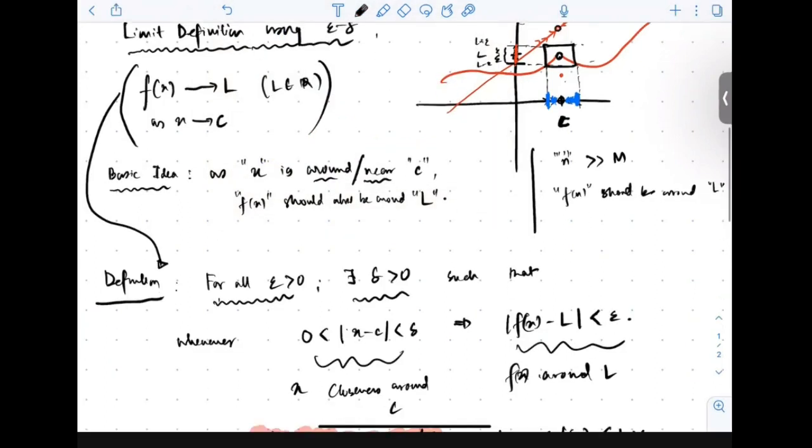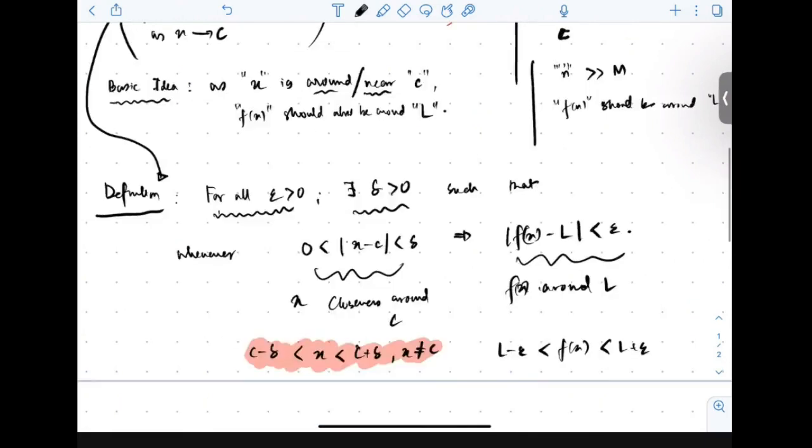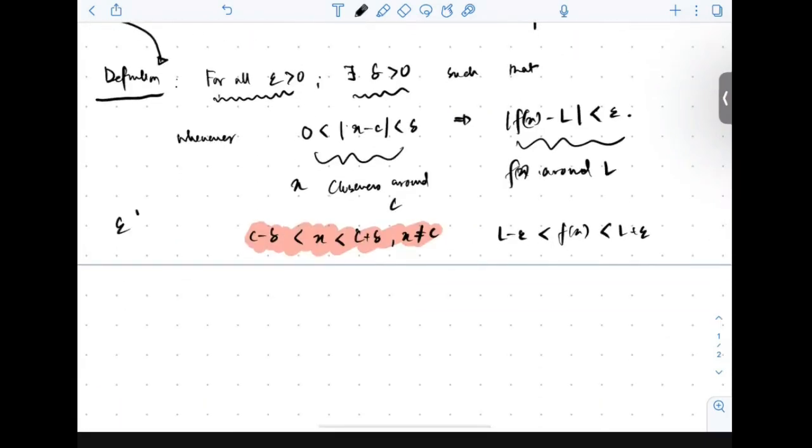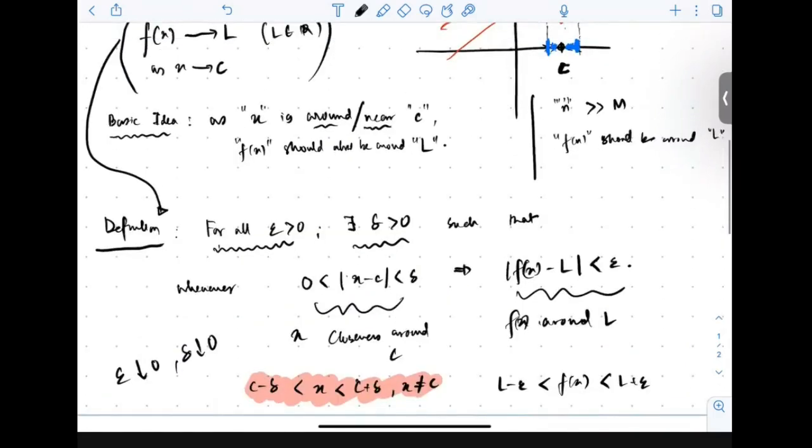As epsilon changes, delta should change. As epsilon decreases to 0, delta should also decrease to 0. That's the basic idea. Let me show you some animation now.